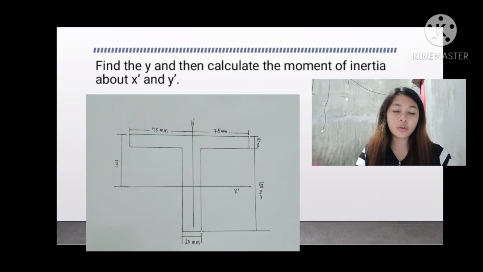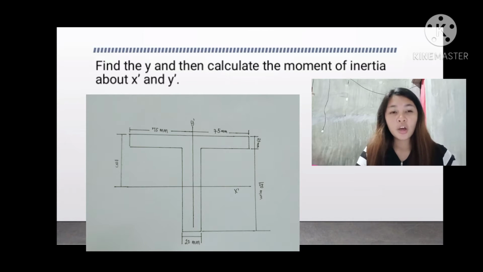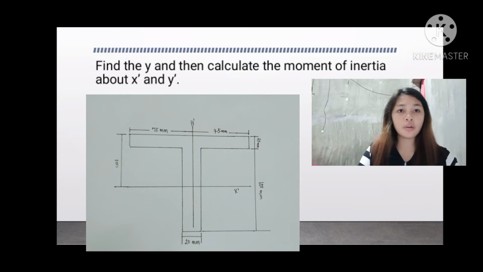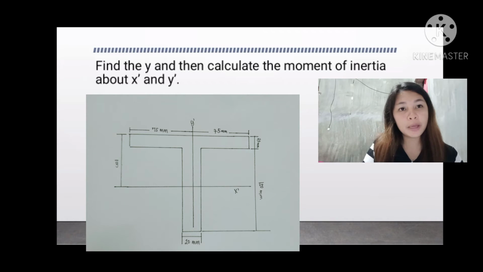On our horizontal rectangle part, we have a height of 150 millimeters and a 20 millimeter distance in the direction of y prime. We can also easily find its centroid due to its divisible value.